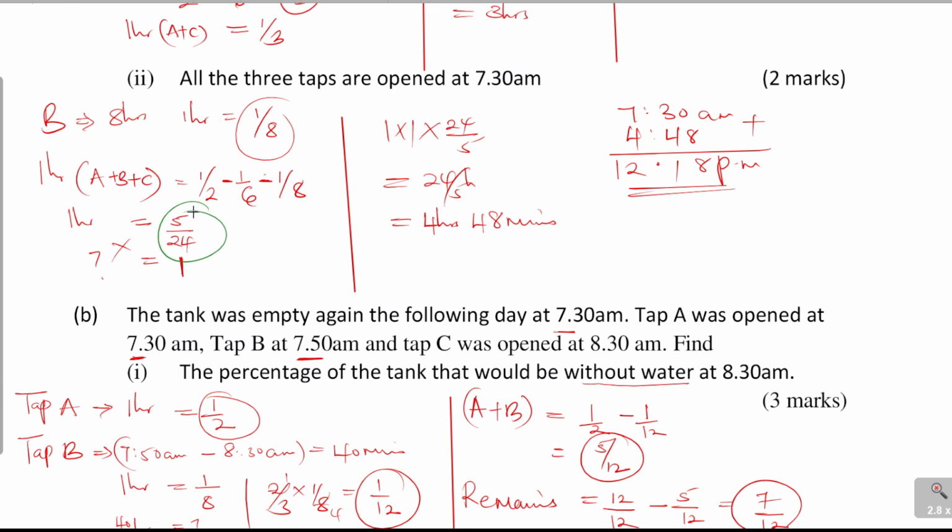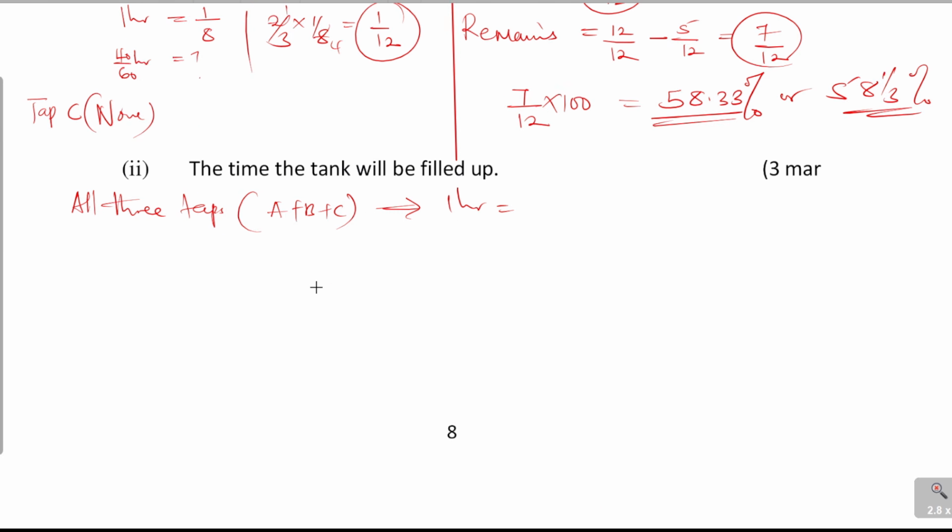It is here, all the three taps, because now the part that is remaining will automatically be filled by the three taps. Now C will be running from there, and B and A will also be continuing. So in 1 hour, this is 5 divided by 24 of the tank.